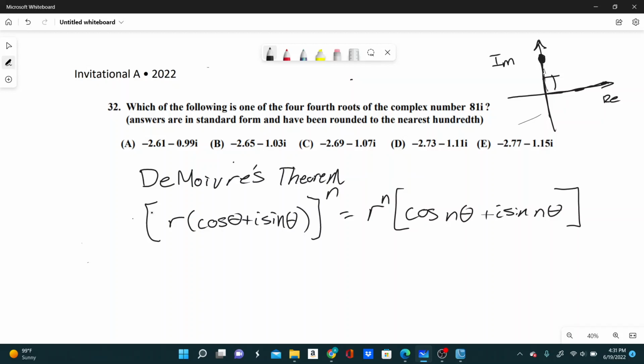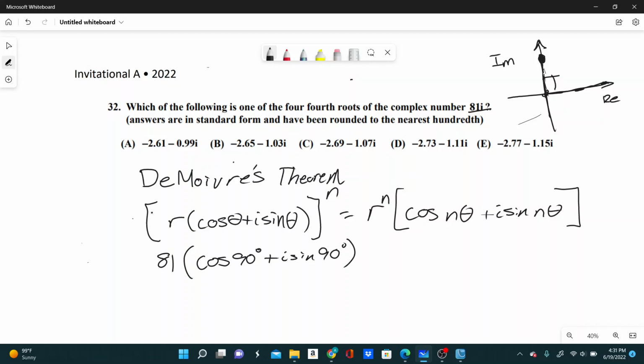And it's 81 from the origin, so our r is 81. The r is the distance from the complex number to the origin, and the theta is the angle from the positive real axis to the number. So this would be 81 times cosine of 90 degrees plus i sine of 90 degrees.